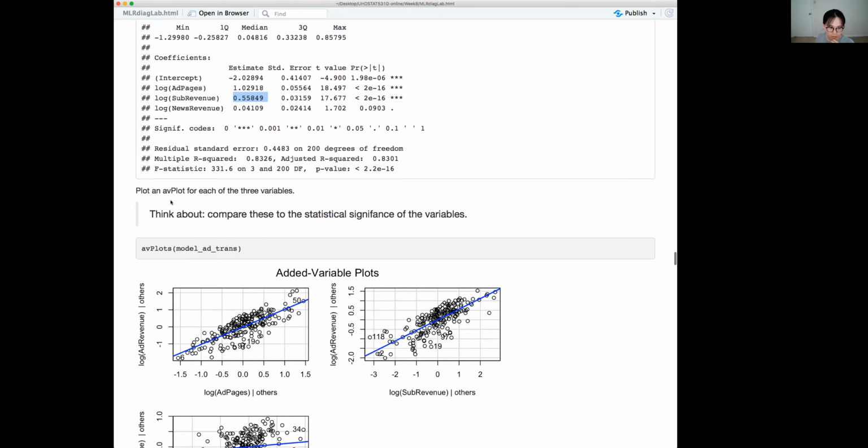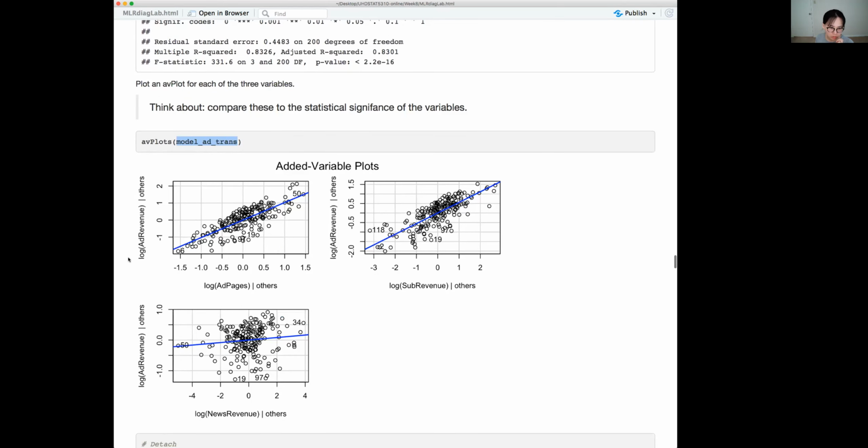Again, let's do an added variable plot with the transformed model. It shows that all of them add some effect in predicting. The first two contribute quite a bit. The last one contributes, but not that much, because the slope for this predictor is not that big.